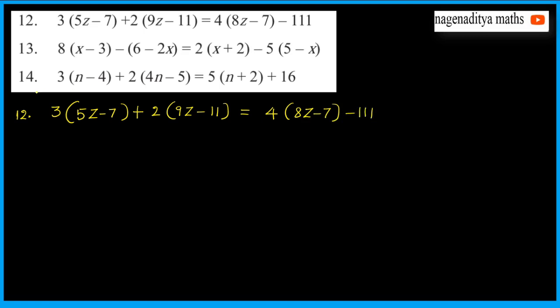Okay, 3 times 5z minus 7 plus 2 times 9z minus 11 is equal to 4 times 8z minus 7 minus 11. So this is the problem.